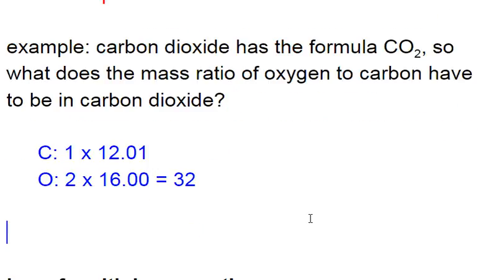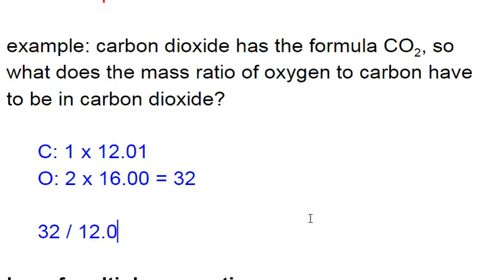So you should take 32 divided by 12.01. And what is this? It's got to be more than that. Actually, it's got to be like 2 something. 2.66, 2.64.